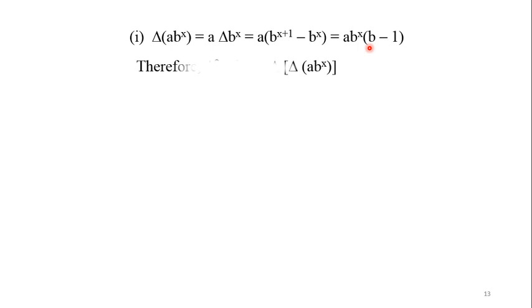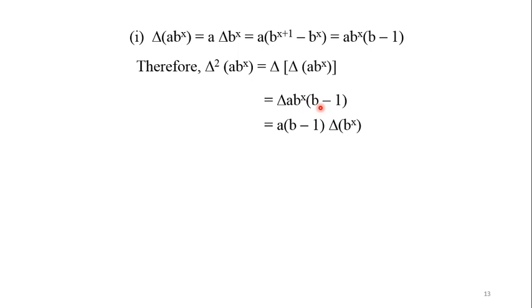So you start with b raised to x plus 1 minus b raised to x. Just by taking b raised to x common, this gives you b minus 1. Therefore, the value of the first forward difference is b raised to x into b minus 1.